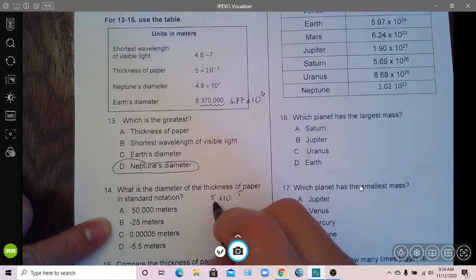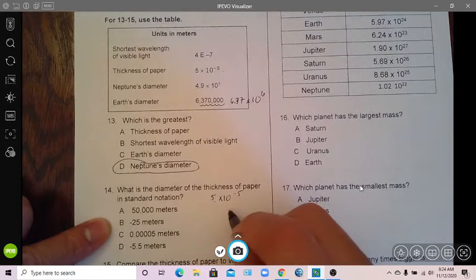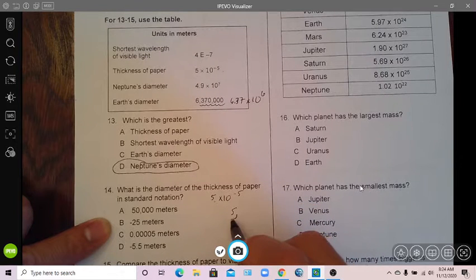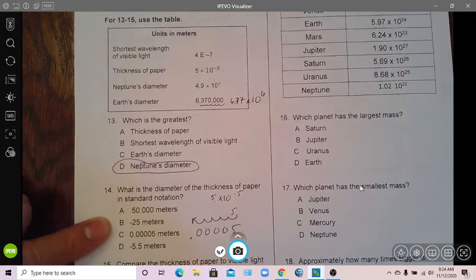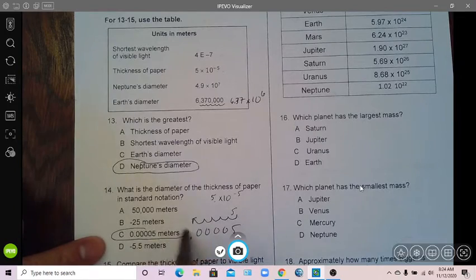So let's see, here's the decimal to the right of the 5, and I need to move it to the left 5 spaces. Okay, so 1, 2, 3, 4, 5. There's my decimal, and then each of these gets a 0 in it. So it looks like it's C. There's a decimal, 4 zeros, and then the 5.